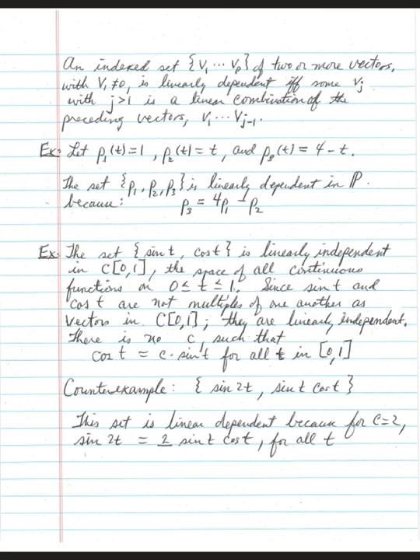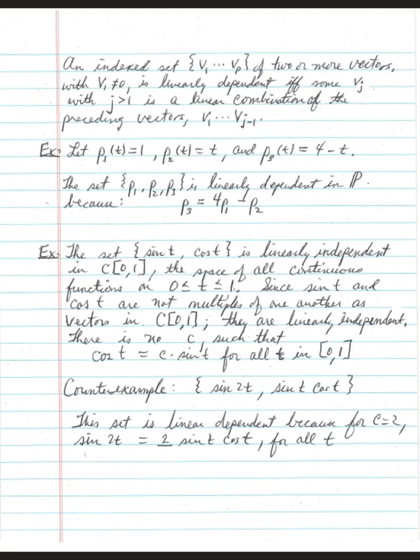specifically the preceding ones. The set sine of t, cosine of t is linearly independent on the closed interval 0 to 1. That's the space of all continuous functions where t is 0 to 1 inclusive. Since sine of t and cosine of t are not multiples of one another as vectors in that closed interval, they are linearly independent.